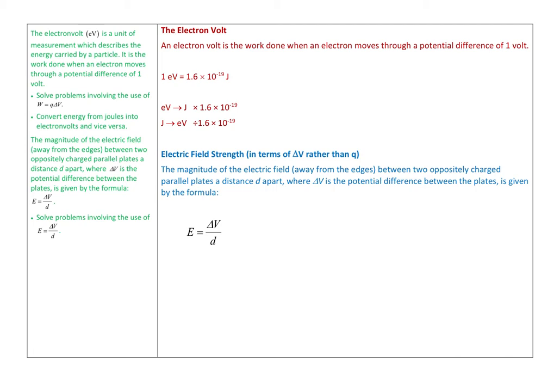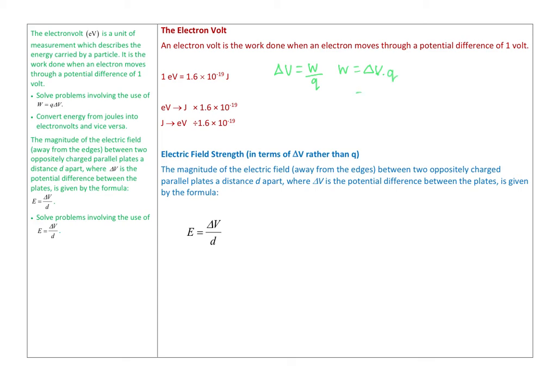If you move an electron, let me write this out, if we go back to that formula we just used, which says that delta V equals work done per unit charge, so if we rearrange that, we get work done equals delta V times Q.